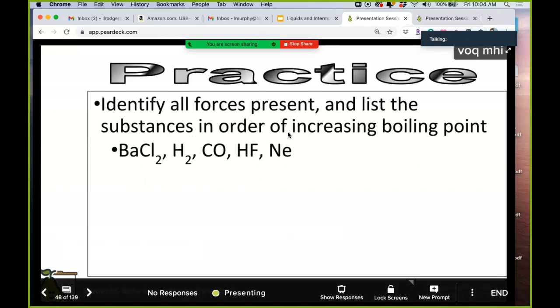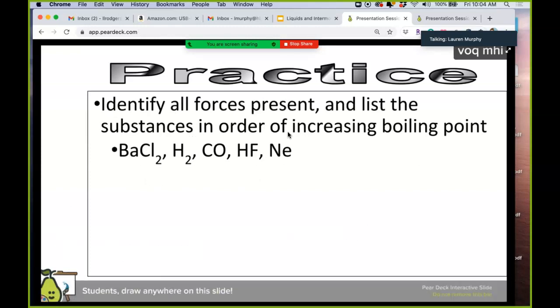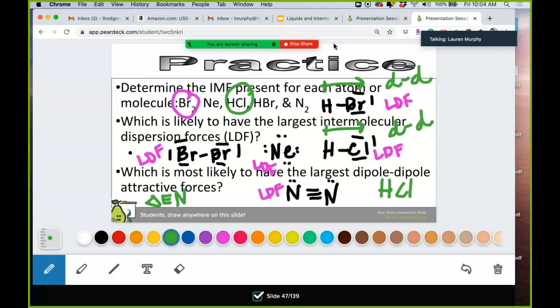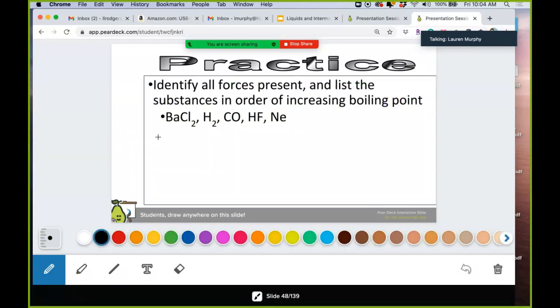Okay. So this says identify all forces present and list the substances in order of increasing boiling point. So what does that mean? That means low boiling point to high boiling point.